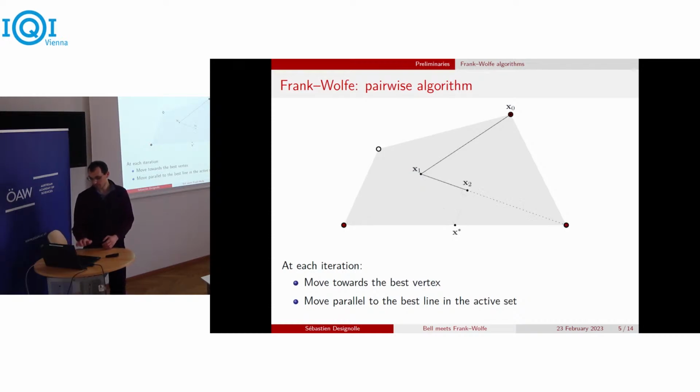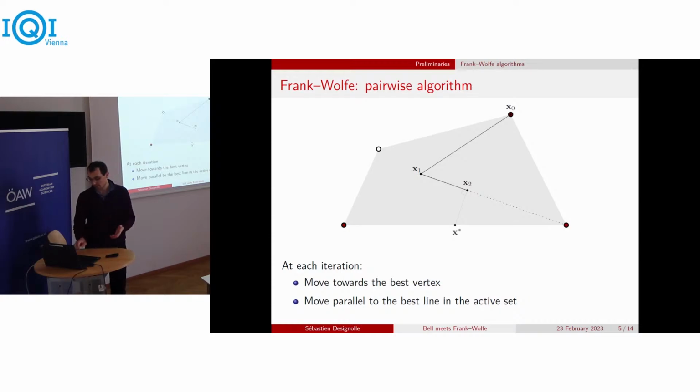If you keep going, on the second step, you add another vertex, which I call gamma. Now you have a representation of x2 as a convex combination of alpha, beta, and gamma.